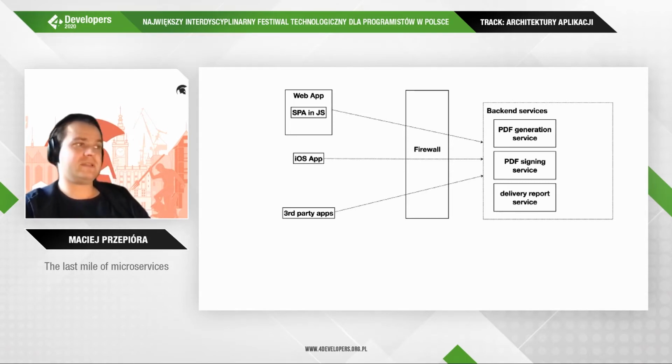And there are a couple of problems that I can see here. For example, since we're using very fine-grained APIs, and it usually is like this, for each screen in the application, you actually need to provide some kind of a REST endpoint or something like that.